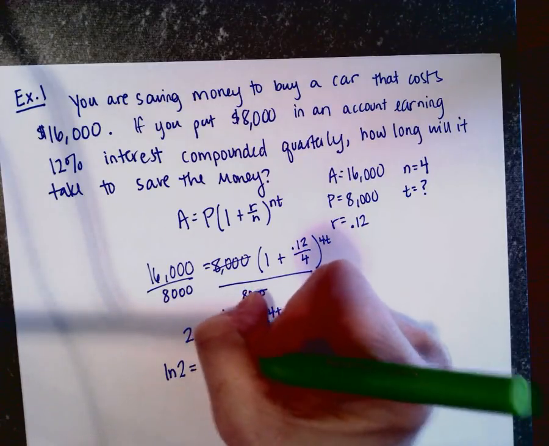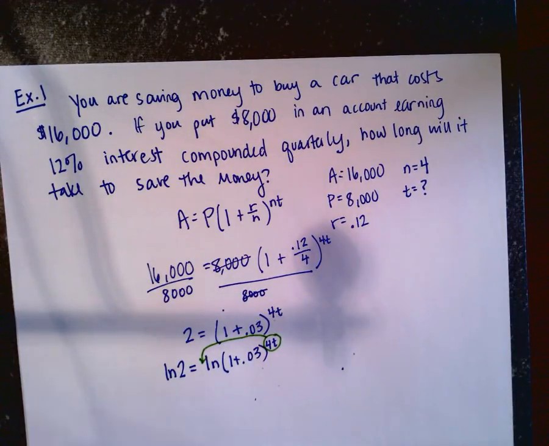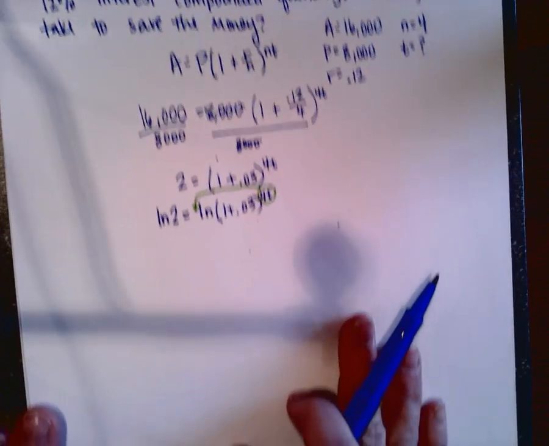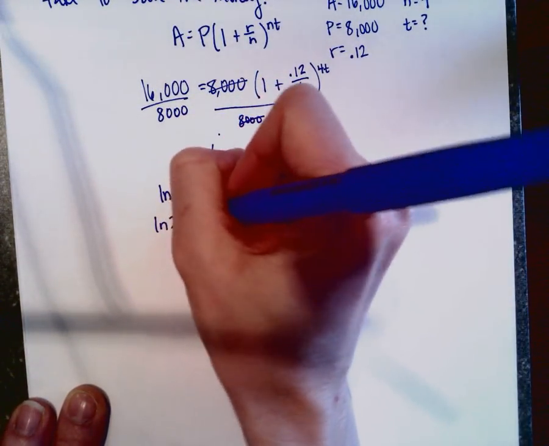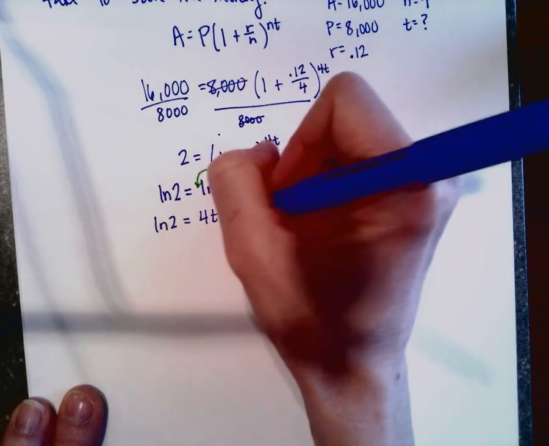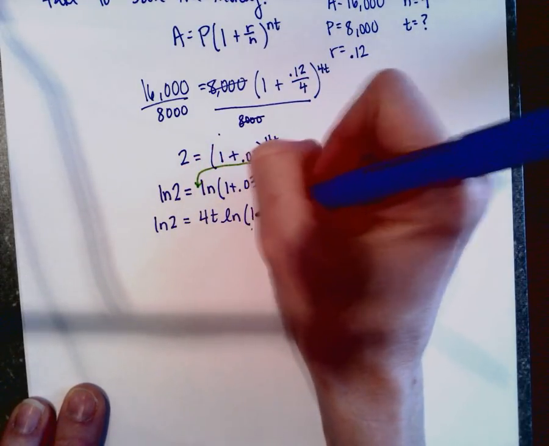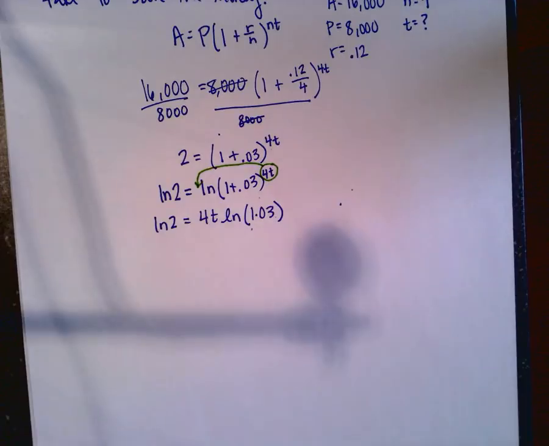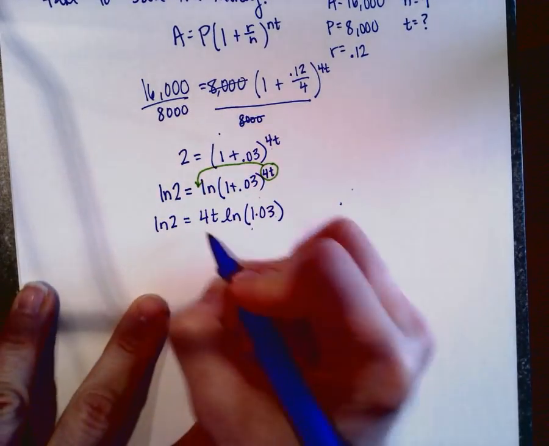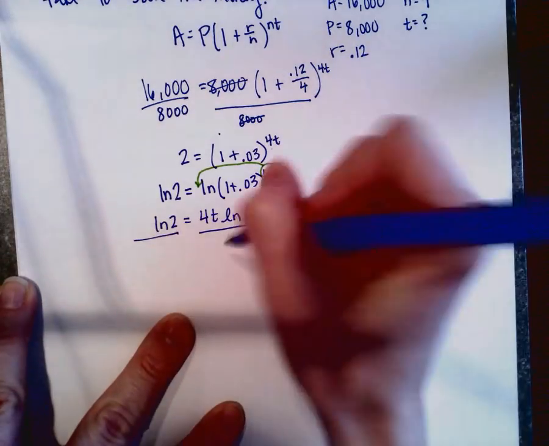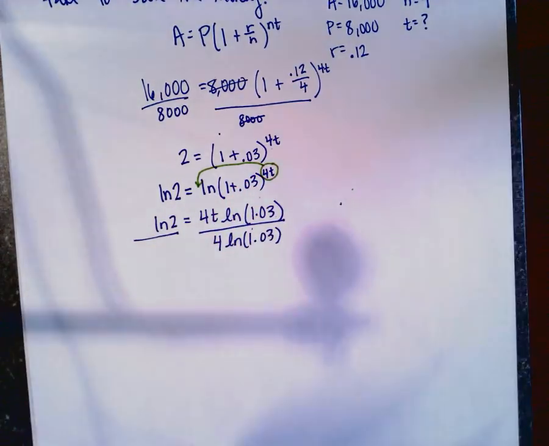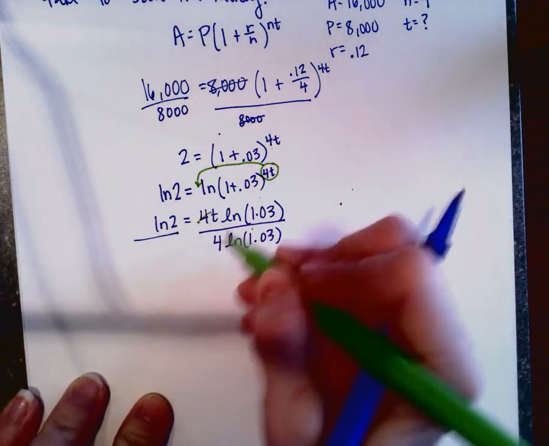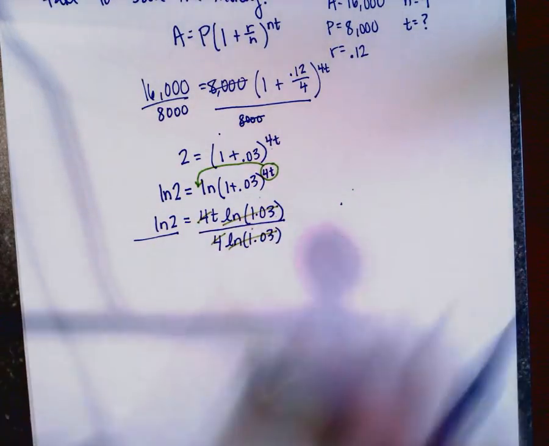Remember the power rule of exponents? So that's why we log both sides, so that we can then move that 4t to the front. So I have natural log 2 equals 4t times the natural log of 1.03. And then to get the t by itself, the last thing we need to do is divide both sides by 4 natural log 1.03. So that cancels out the 4 and the natural log, leaving only the t.